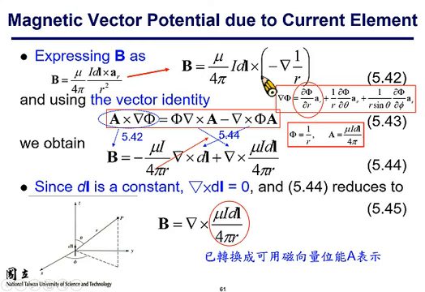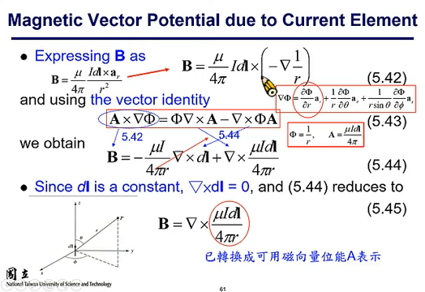Now the first term, which is the curl of dl, equals 0, because dl is a constant vector in space, with constant direction. So this goes to 0, and you end up with only this term. And voila, B equals the curl of this thing.